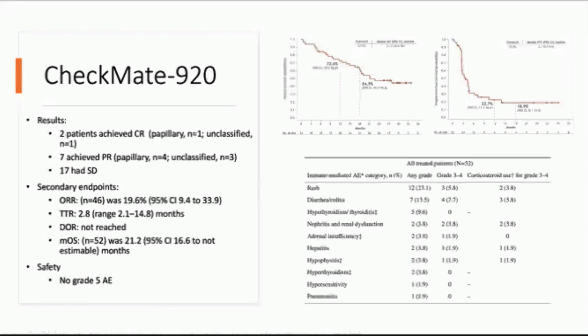In terms of safety, they reported no grade 5 adverse events, but they still did report several immune-mediated adverse events like rashes, colitis, hepatitis, and some of the patients did require steroid administration to manage this. But overall, when we look at the numbers and compare them to those of other published studies on IOs, this is fairly consistent.